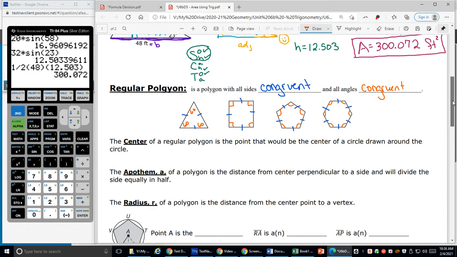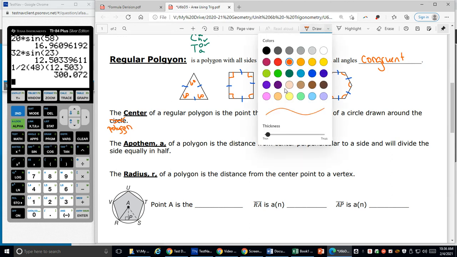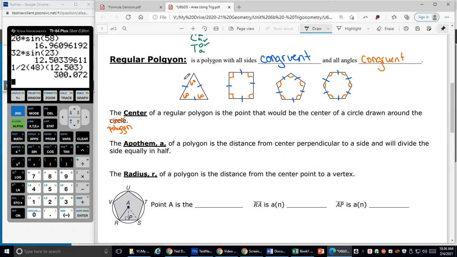Okay, but a little more vocabulary. The center of a regular polygon is the point that would be the center of a circle drawn around the polygon. Okay, so if I were to draw a circle around this triangle, I would find the center of my regular polygon.